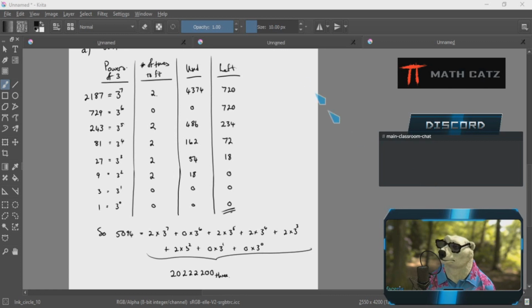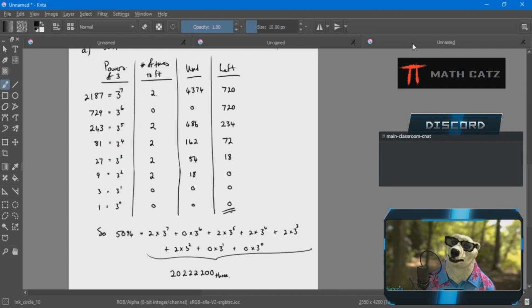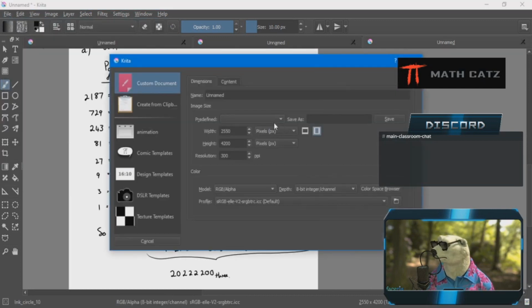Alrighty. So, check off another one that we've now completely done for all the number systems we need. Then the last things to do, just like always, are the arithmetic questions.